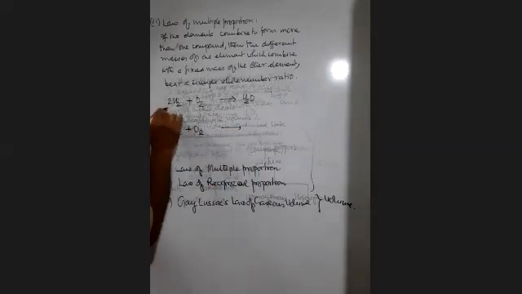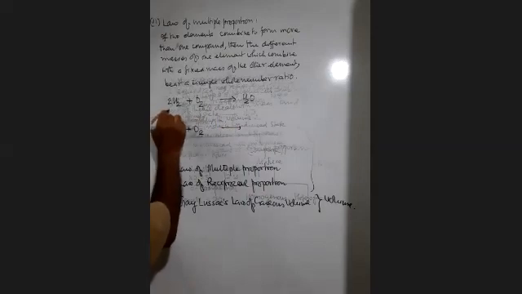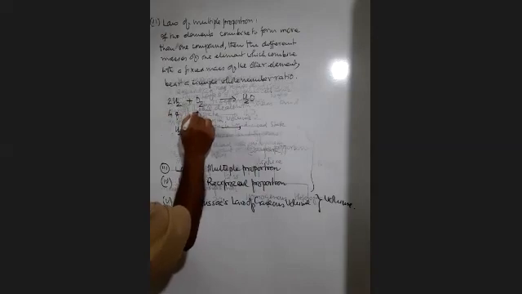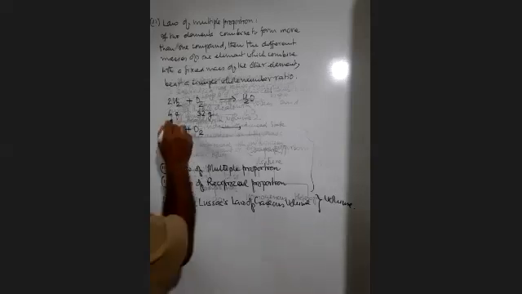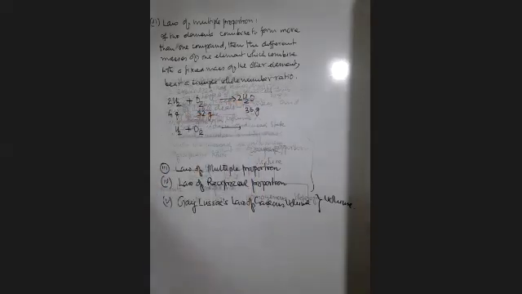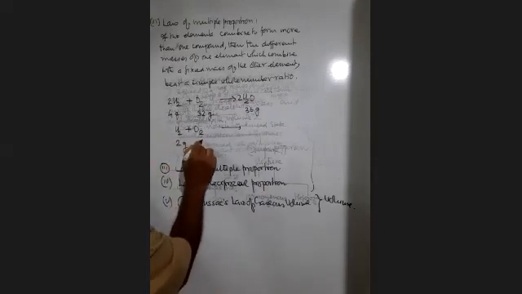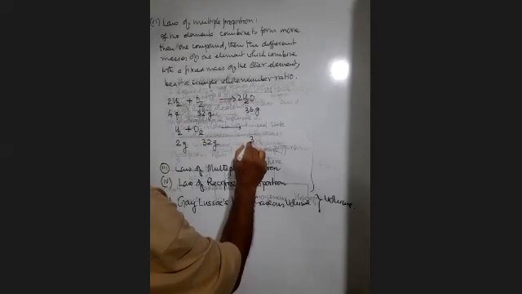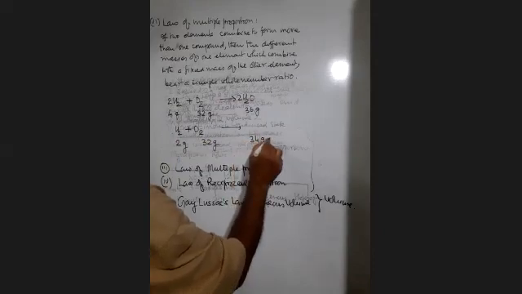I'll write 4 gram of hydrogen combines with 32 gram of oxygen to give us 36 gram of water. All right. And here 2 gram of hydrogen combines with 32 gram of oxygen to give you 34 gram of hydrogen peroxide.